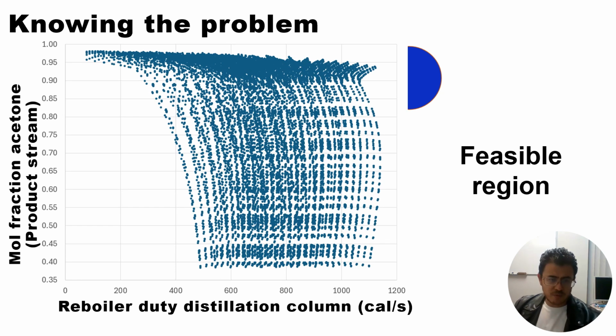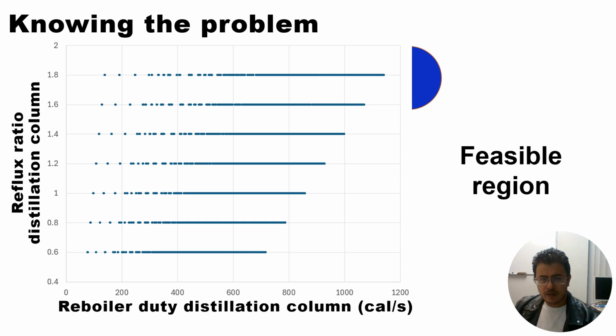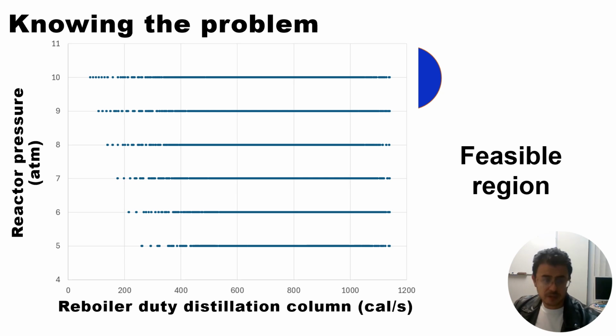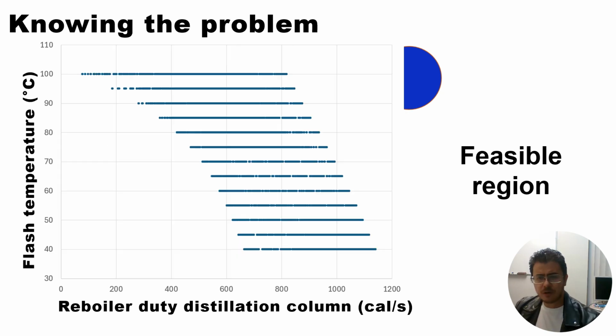Also for the boiler duty and the mole fraction of acetone in the product stream, and the reflux ratio of the distillation column, the reactor pressure, and the boiler duty in the distillation column, and the flash temperature versus boiler duty, we can obtain several feasible regions.